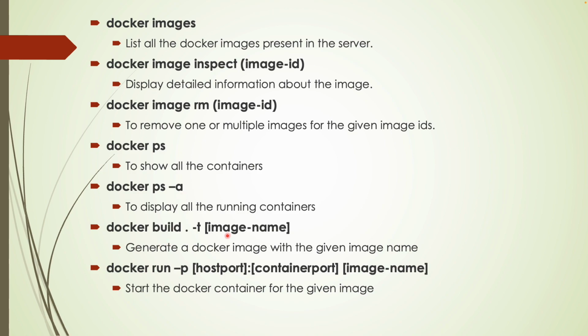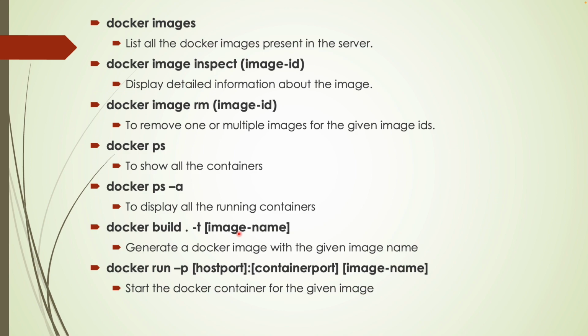What is next? How will I create my Docker image from the Dockerfile that I have created? What command will I give? I'll give docker build . -t, where -t is for the tag name, the image name which I want to create.